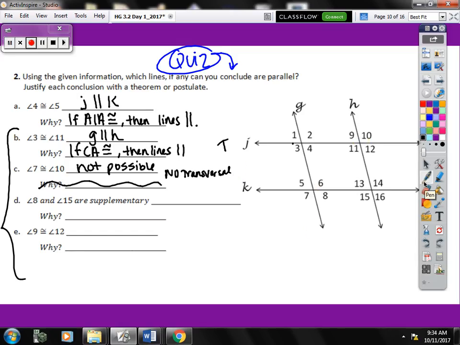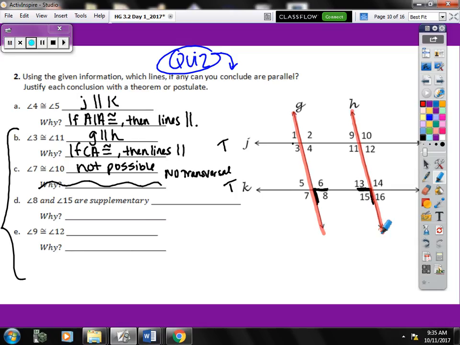All right, 8 and 15 are supplementary. So 8 and 15. What's the transversal there? Which line do they both touch? Line K. So here's my transversal. So the possible parallel lines are then G and H. Are 8 and 15 a type I know? Type of angle? Look at them. You might want to turn your paper.